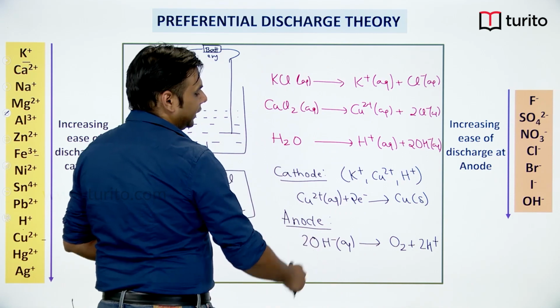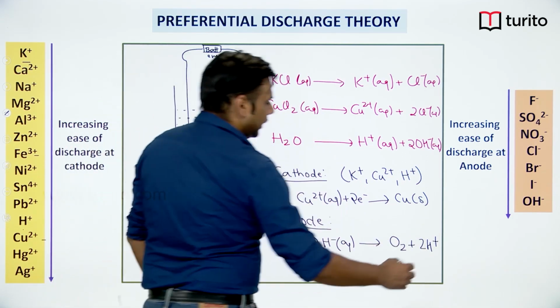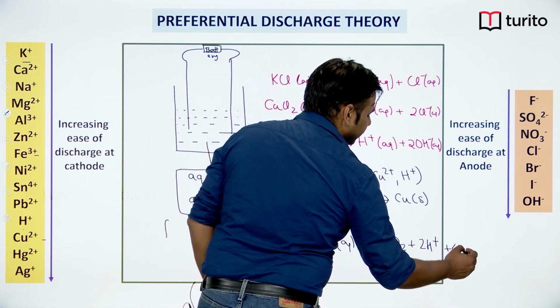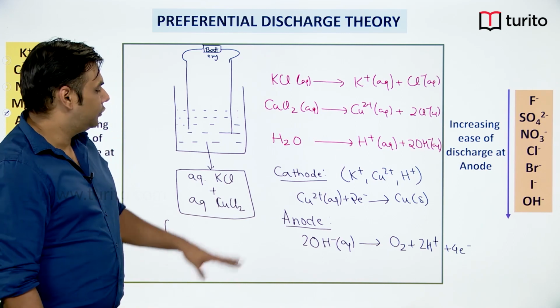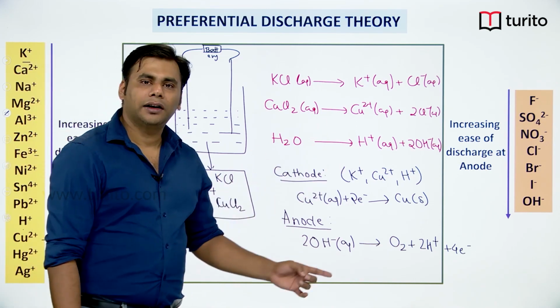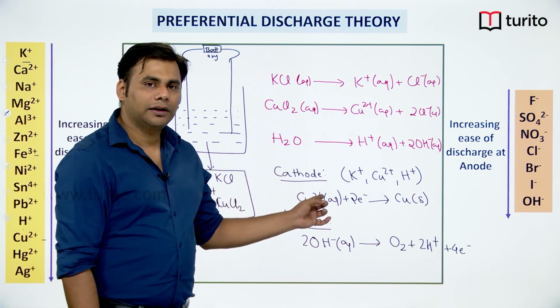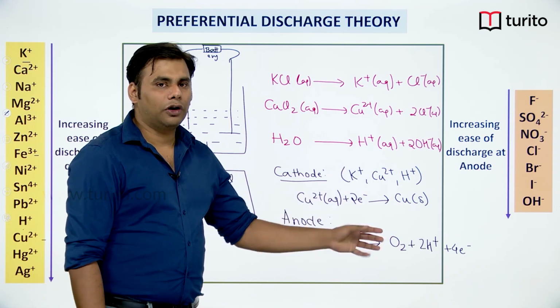Okay, so there are 2 negative charges over here and 2 positive charges over here. So you have to add 4 electrons over here so that the charges on both reactant and product are the same. So at the anode, O2 gas would be evolved. At the cathode, copper would start depositing at the cathodic electrode, and at the anode, O2 would be evolved.